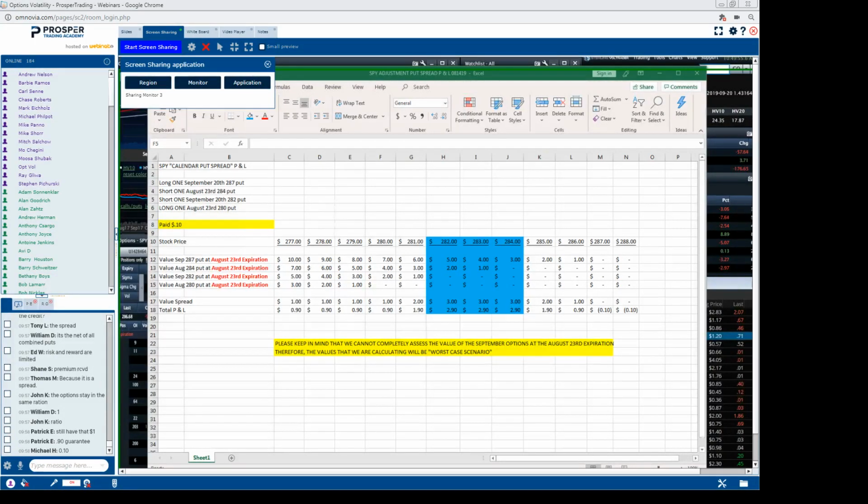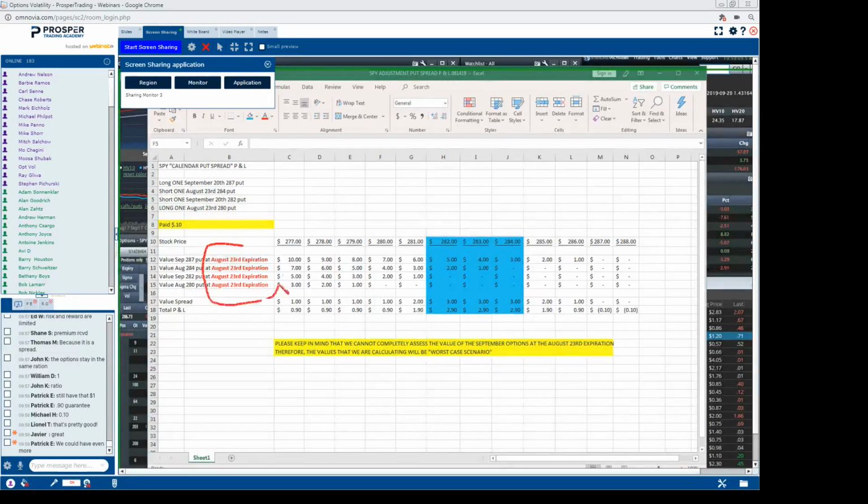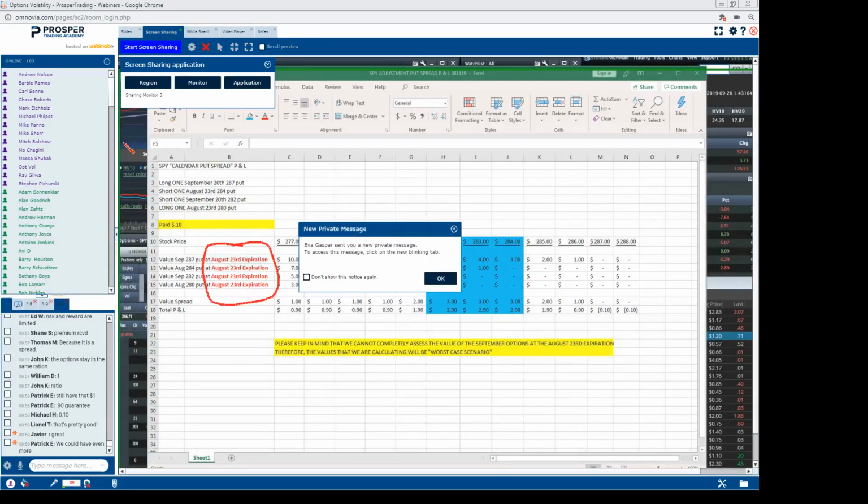Okay? Now, what else? What other conclusions? What else? Think this through. And remember, I'm going to give you a hint here. Remember that these values are all based just on August 23rd expiration.